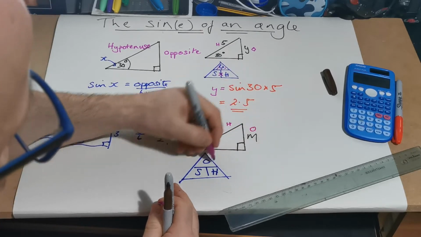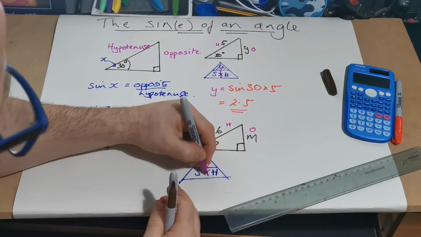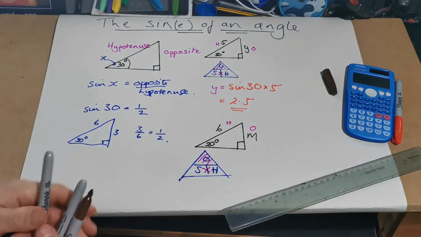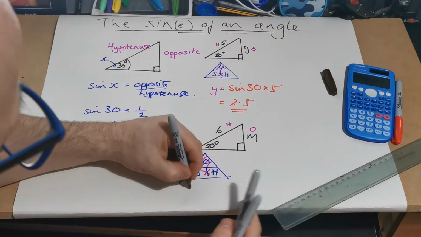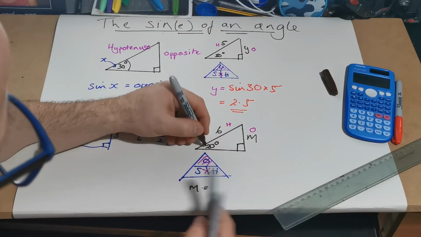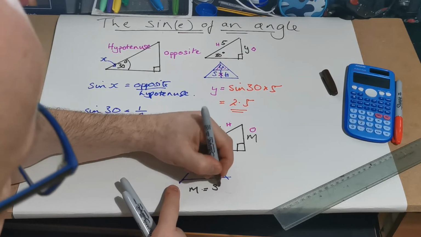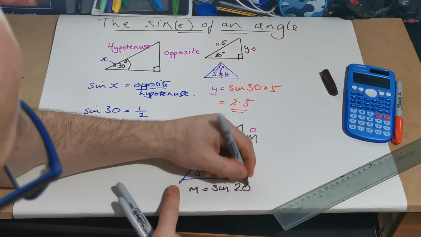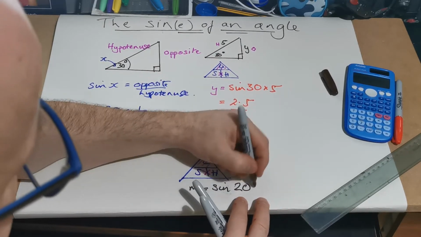This is my opposite, so I'm going to cover over my opposite and I'm going to times. So M is equal to S, which is sine 20, times H, which is 6.